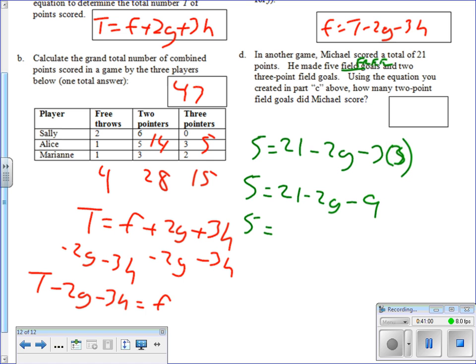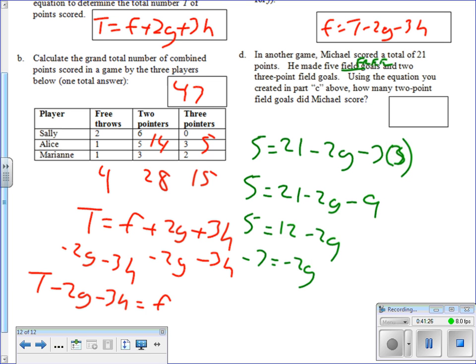That would be 12 minus 2g. So subtract 12 from both sides. Negative 7 equals negative 2g. I can't have an odd number of field goals, or a fraction, I should say. Negative 7 divided by negative 2 gives me 3.5, and he didn't make 3.5 shots. Does that make sense?